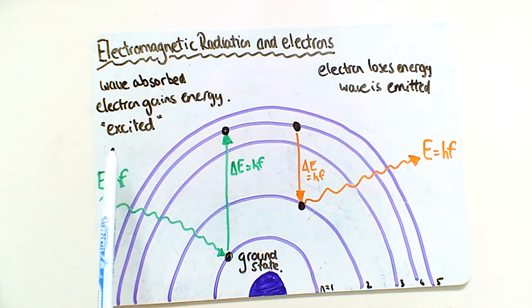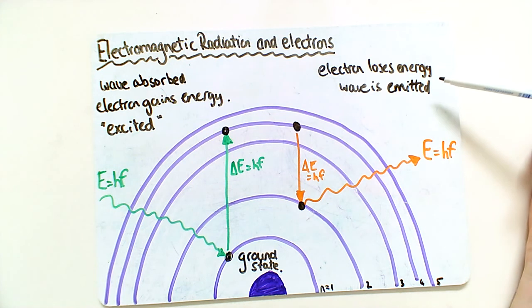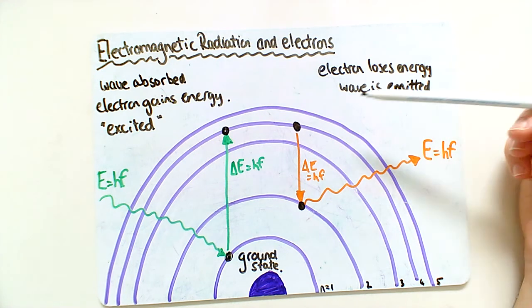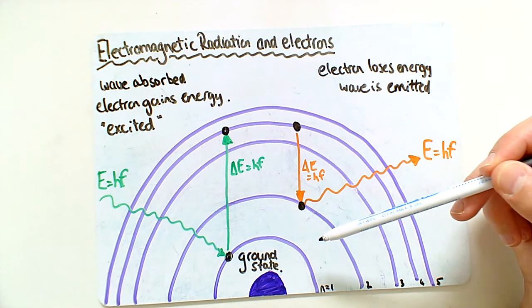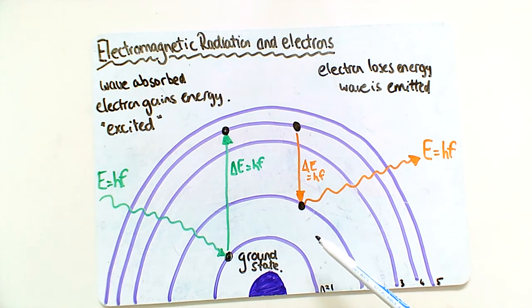Now, whenever we excite electrons, they're usually starting in their ground state. Whenever we are losing energy, they don't have to return to the ground state. They can return to any of the other energy shells. And so what you would notice is that this specific wavelength allowed it to go from n equals 1 to n equals 4.